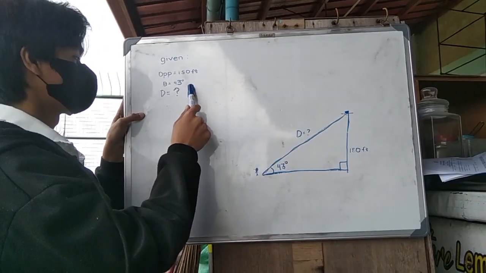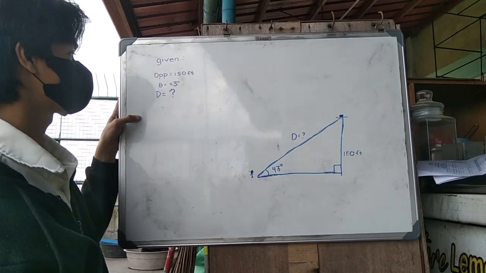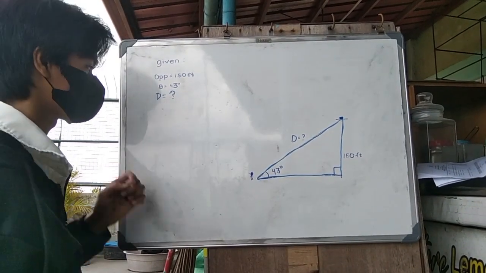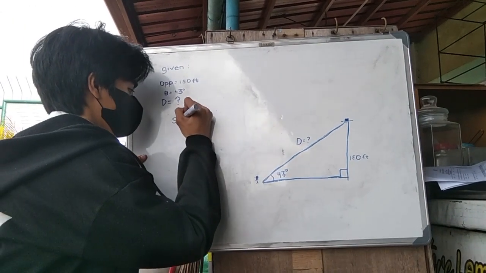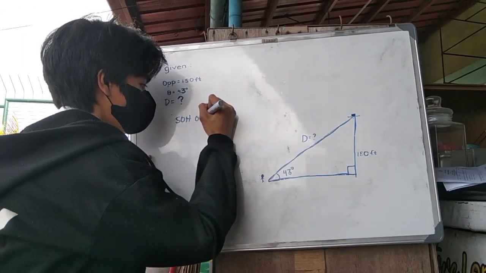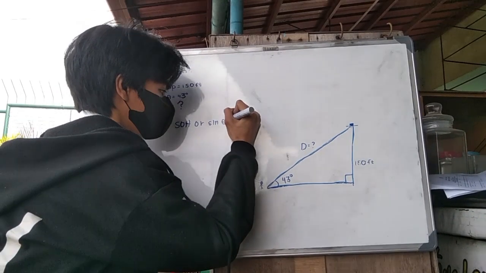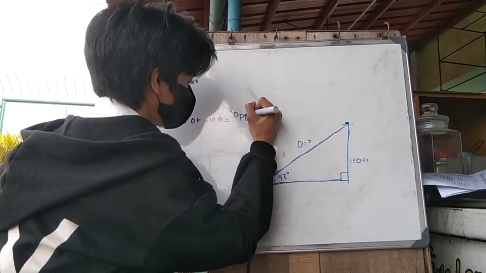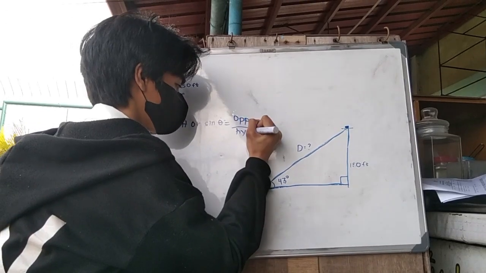In this problem, the opposite is 150 feet, the angle is 43 degrees, and the missing value is the distance. To find the distance, we need to use the formula sine theta equals opposite over hypotenuse.